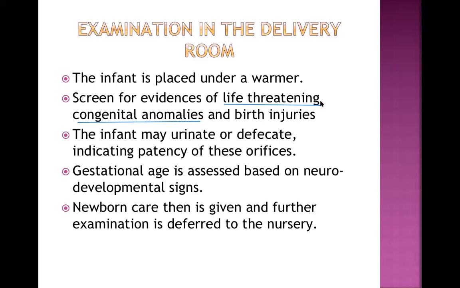The whole intra-abdominal organs are visible from outside, and they are not even covered by peritoneum. Another is omphalocele. Again, the anterior abdominal wall is absent, but the intra-abdominal organs are covered by peritoneum. These are life-threatening types of congenital anomaly. Some minor ones are also there, like cleft palate and cleft lip.